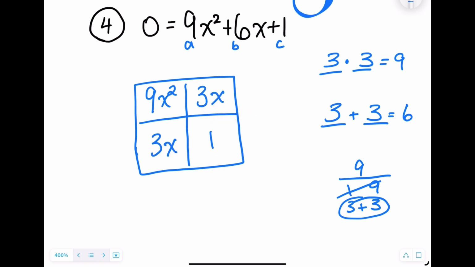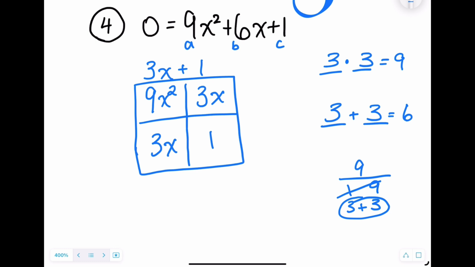Now, for each column and each row, we're going to take a look at what the common factors are. So let's start with the first column, or the left column. The coefficients both divide by 3. The variables both divide by x. Now for the second column, the values don't have anything in common, so we're going to say that it's 1.